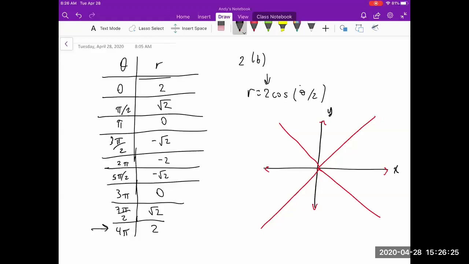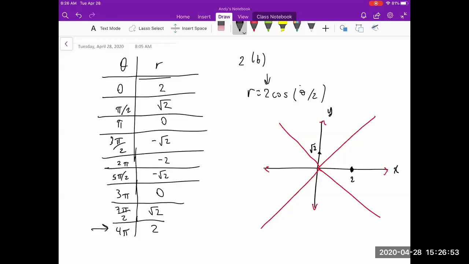So let's see. At 0, the radius is 2. At angle pi over, actually we didn't even need the diagonals, but that's okay. At pi over 2, the radius is radical 2. So let's just say this is radical 2. All right.